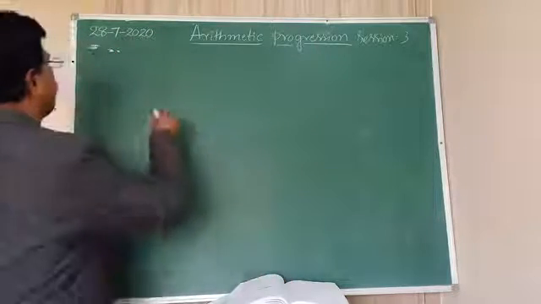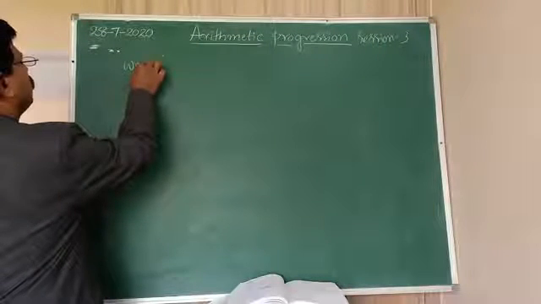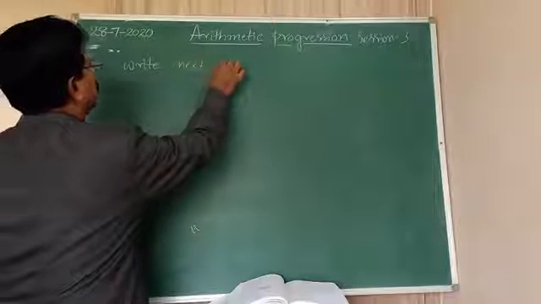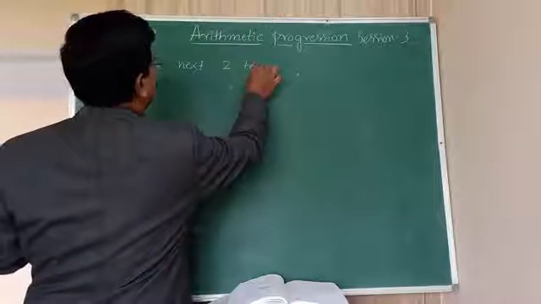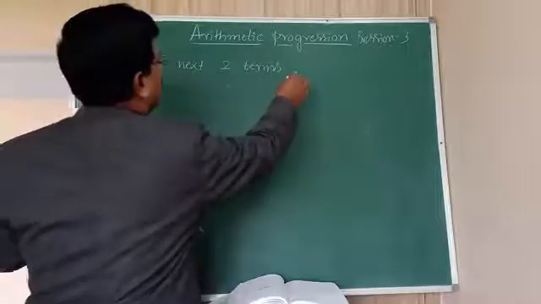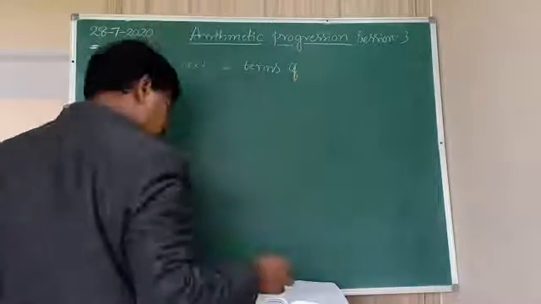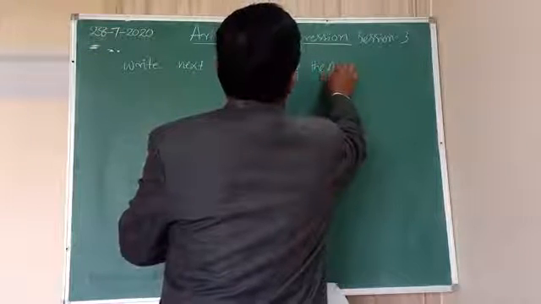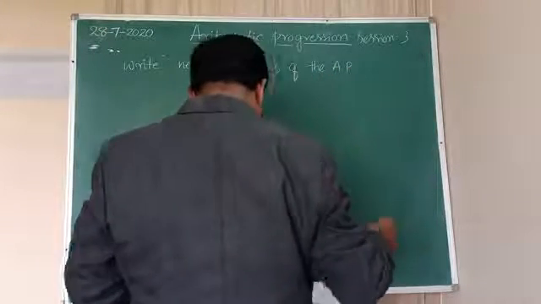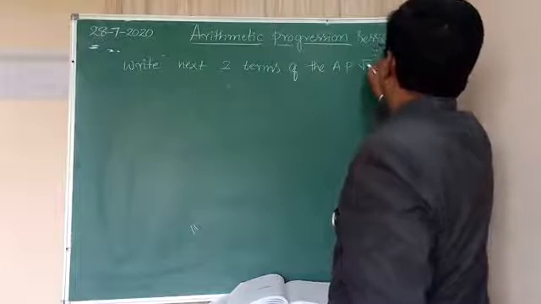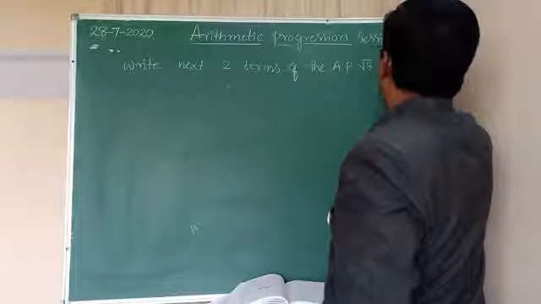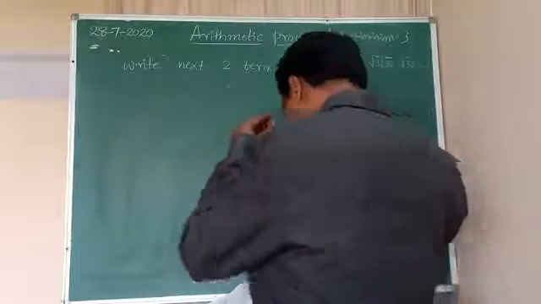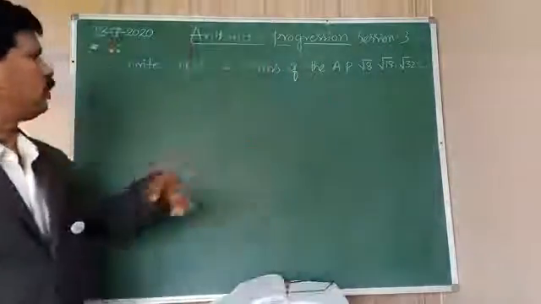Now, in the first question, write the next two terms of the AP: root 8, root 18, root 32, etc. So this is the question.